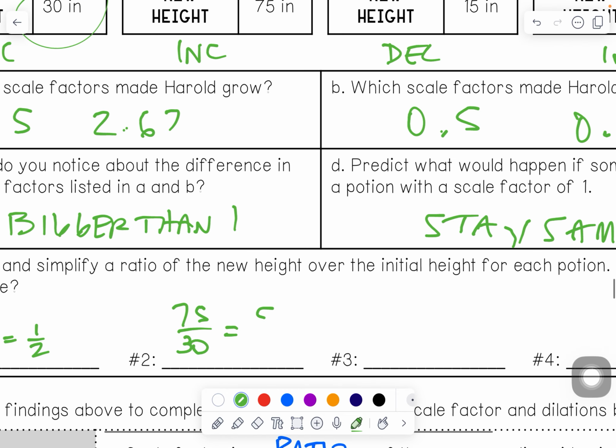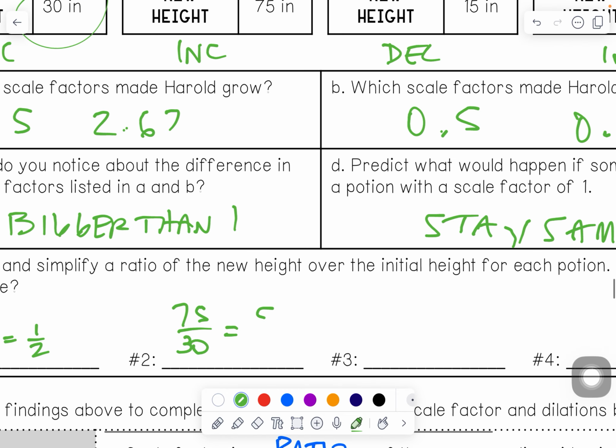They're both reducible by 5, so that would give me 8/3, sorry, which gives me 2 2/3, which is what I already had. So the connection there is that it doesn't matter what the original height and the new height are, they're always going to reduce to the same fraction that you already have for your scale factor.